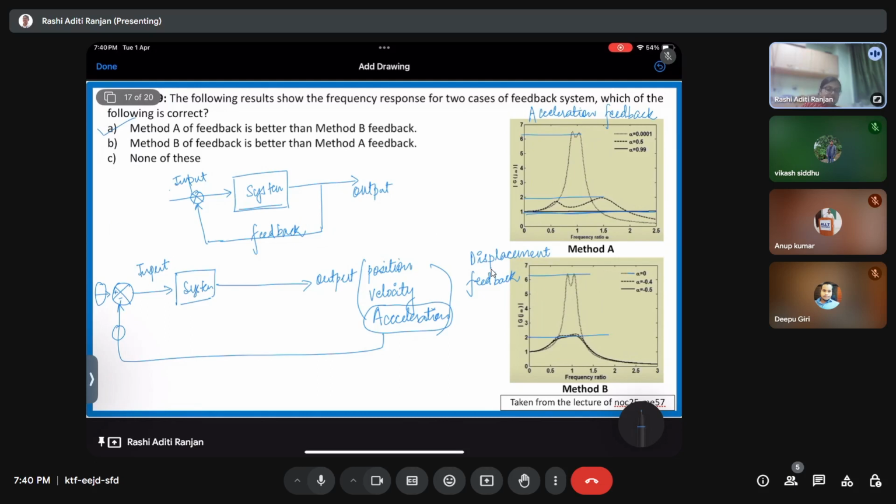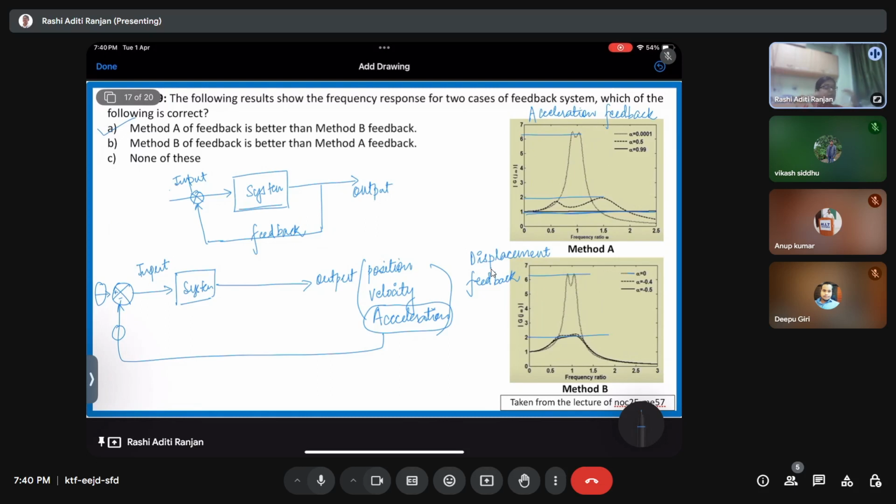Now, acceleration is actually the second derivative of position, right? The rate of change of position gives the velocity, and the rate of change of velocity gives the acceleration. So if I'm able to control the acceleration, which is the second derivative of position, definitely my position is going to get controlled. Why? Because I'm actually controlling its second derivative, which is getting integrated twice.